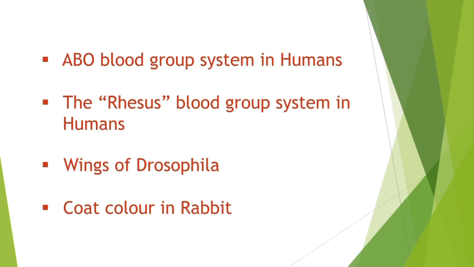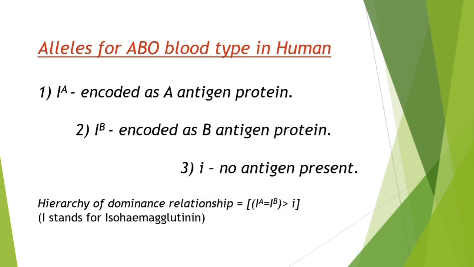There are also other examples such as the rhesus blood group in humans, expression of wings of Drosophila, coat color in rabbit.